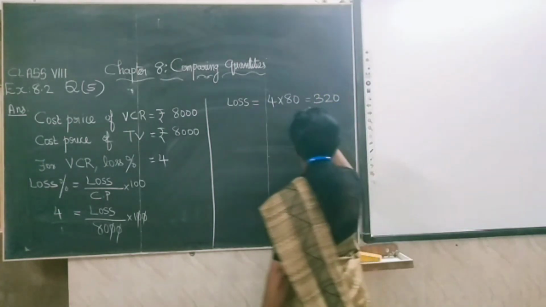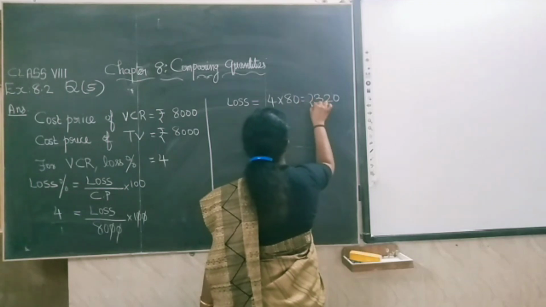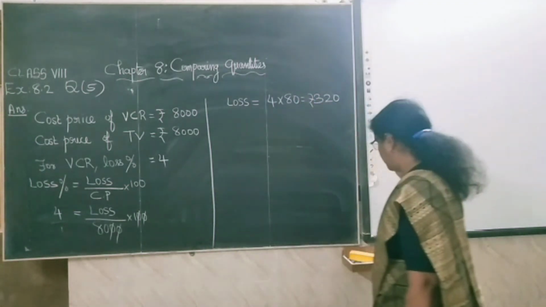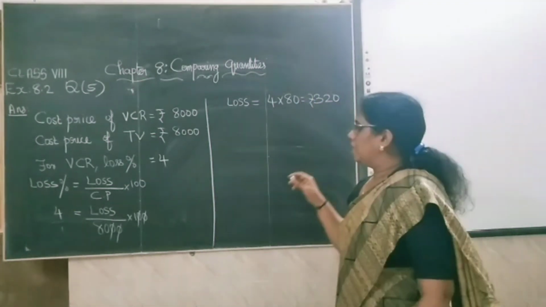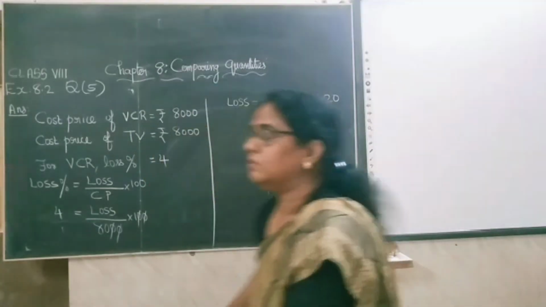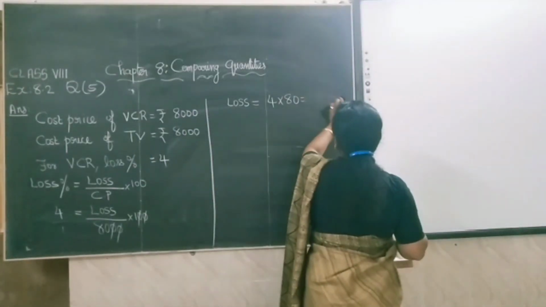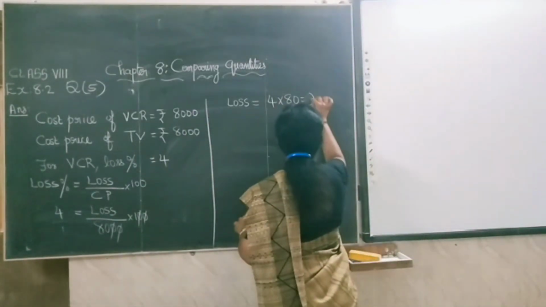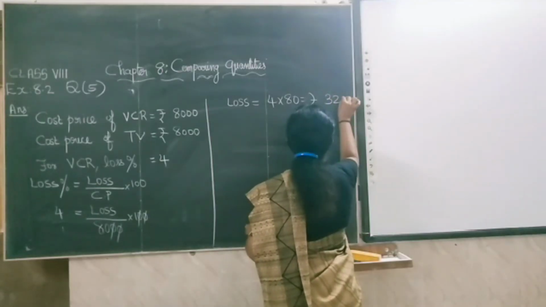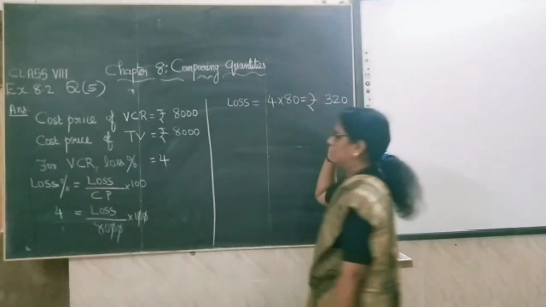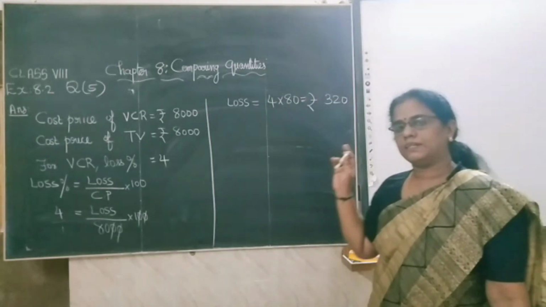That is equal to rupees 320. That is the loss. Now if we know the loss, rupees 320. Now we know the cost price and the loss.